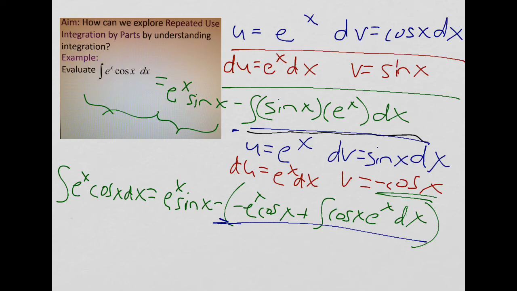But what we also want to see is that we have this expression here. It's the same as our problem, what we need to evaluate. Okay, same thing. So, with this equation, let's actually distribute that minus sign for a second.